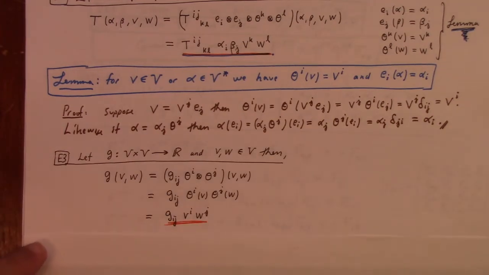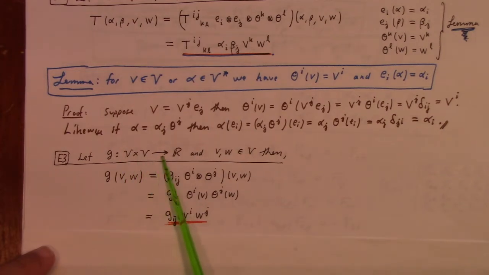Another example. If we have the metric like so, we can expand it in terms of tensor product of the dual basis like so. And when I do that, well, it doesn't have to be a metric.